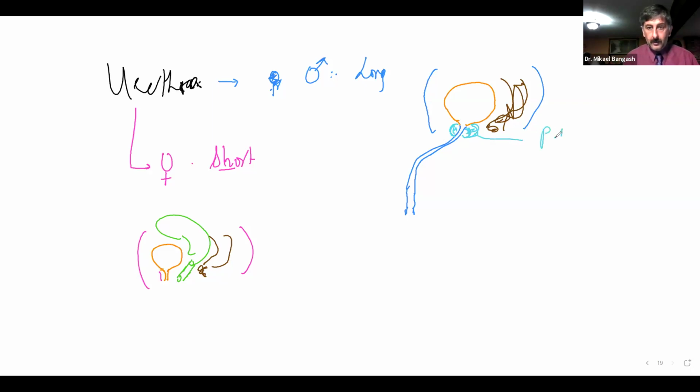And that gland is what we call the prostate gland. So the part of the urethra that runs through the prostate is going to be the prostatic urethra.